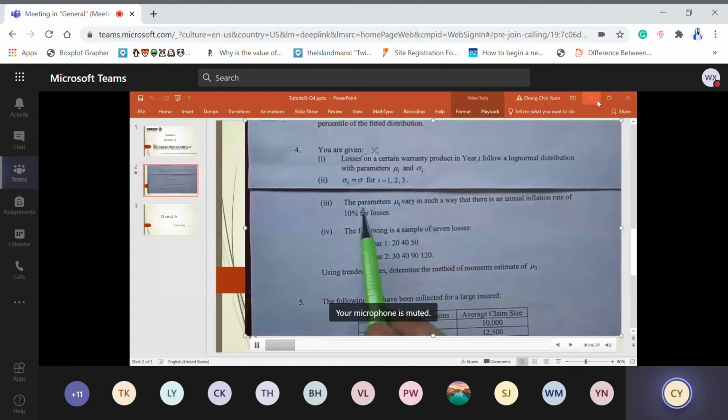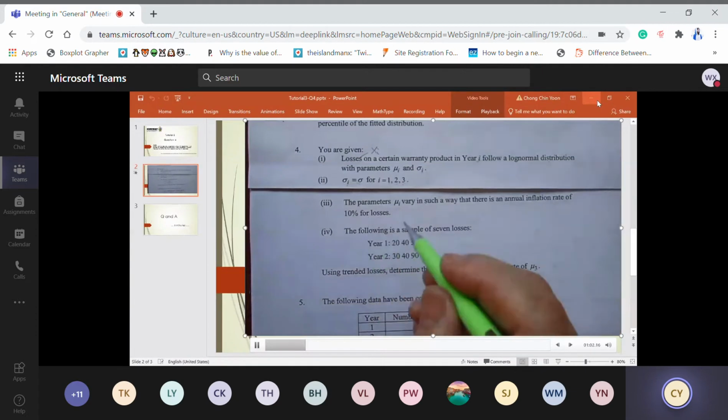Third, the parameters mu i vary in such a way that there is an annual inflation rate of 10% for losses. It means that for year 1, year 2, and year 3, there is an annual inflation rate of 10%.